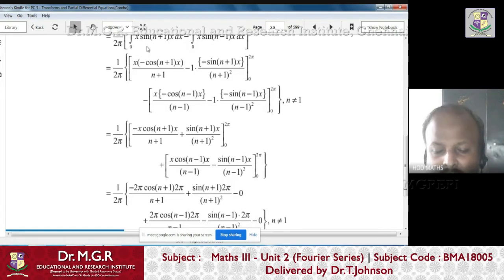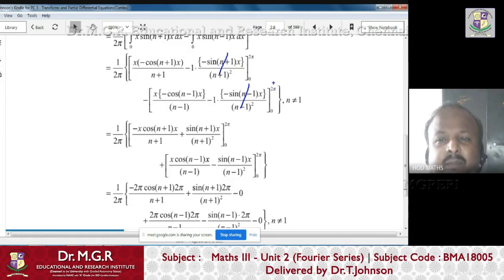Now you have to be very, very clear: sine terms we don't take. Whenever sine 0 comes or sine 2 pi comes, sine 0 is 0 and sine 2 pi is also 0, so we don't bother about sine terms, whether it is n plus 1 or n minus 1. You only have to take care of the cos terms.